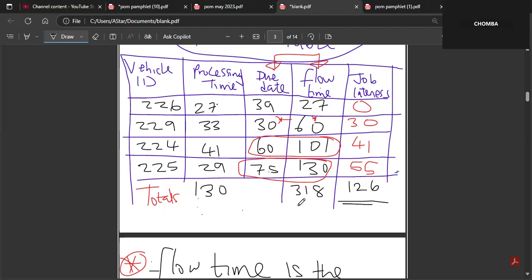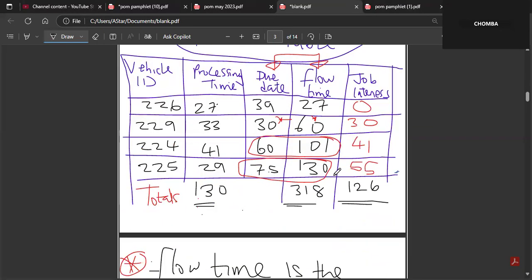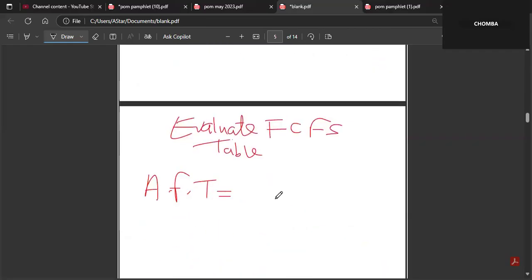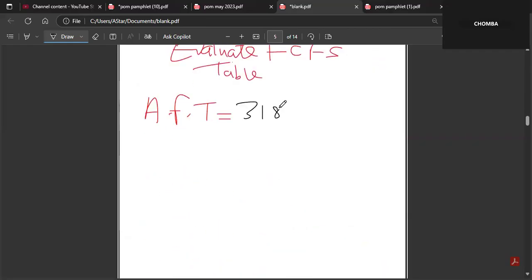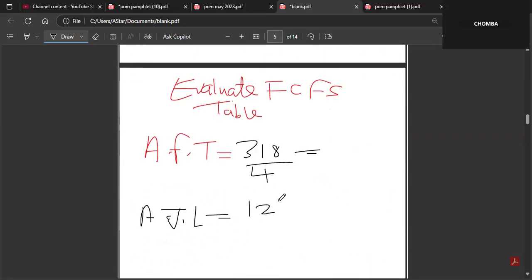Altogether. So what is the average flow time? Average flow time is 318 divided by 4. There are 4 jobs, not so. Our average job lateness, you can write in full. Average job lateness is 126 divided by 4. Are we together?